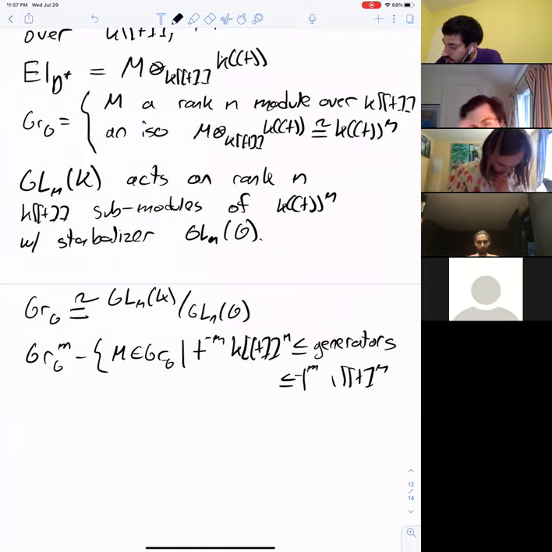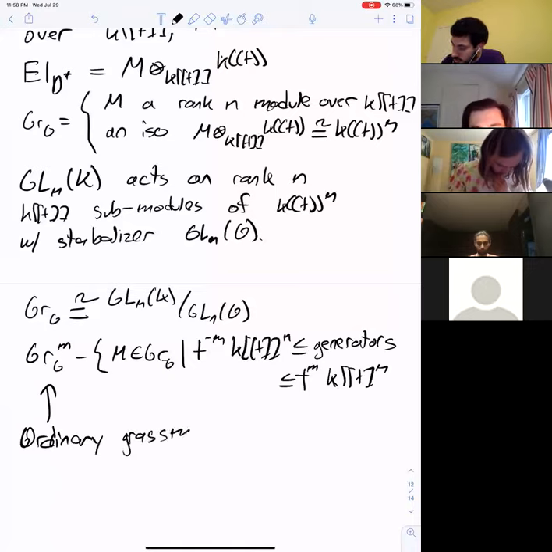Yeah, so you can bound the degree of the generators and thus get subvarieties of the affine Grassmannian. And each of these subvarieties will just be an ordinary Grassmannian, or maybe a direct sum of a few ordinary Grassmannians, because you're basically picking the generator in a finite dimensional vector space now.